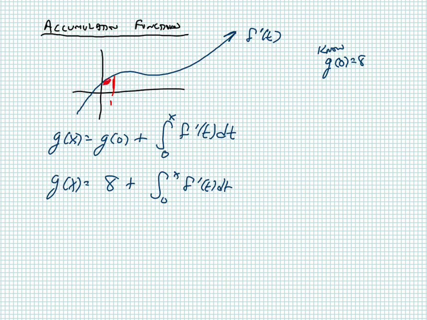If I wanted to find g of 2, it would be 8 plus this whole area. If I want to find g of 3, it would be 8 plus this whole area from 0 to 3. As you can see, this piece accumulates as I keep marching forward, and that's why it's called an accumulation.